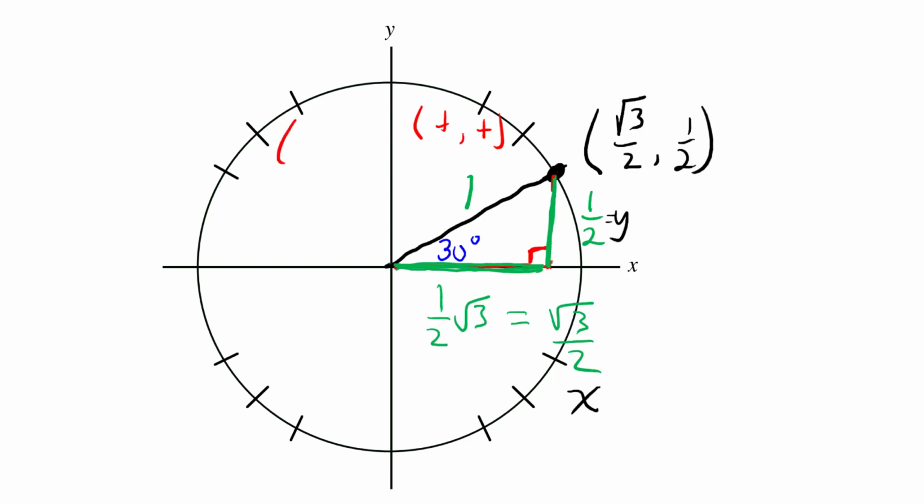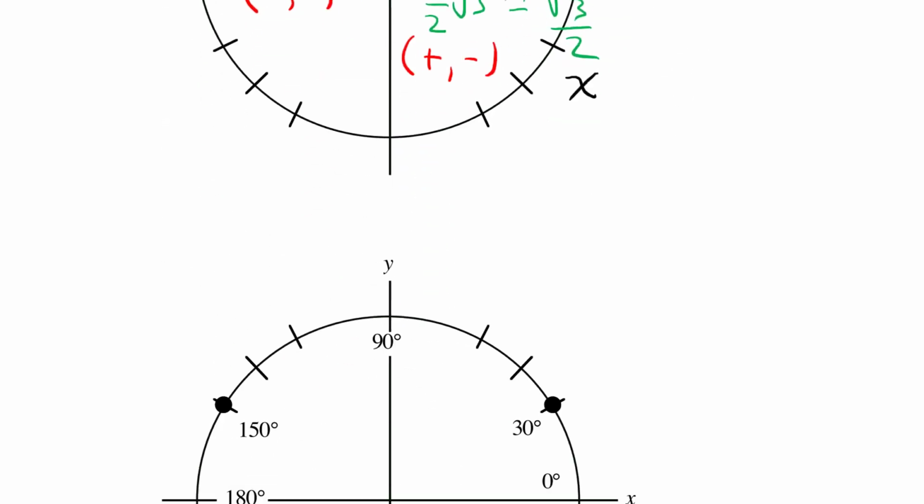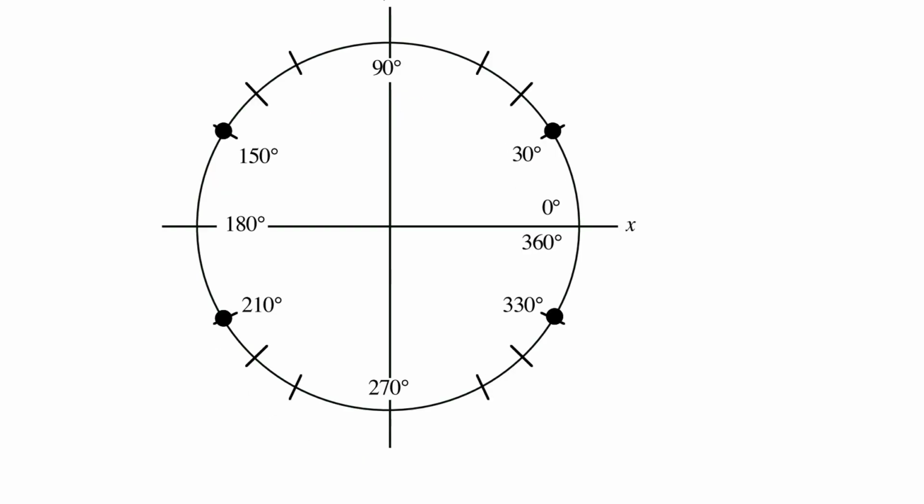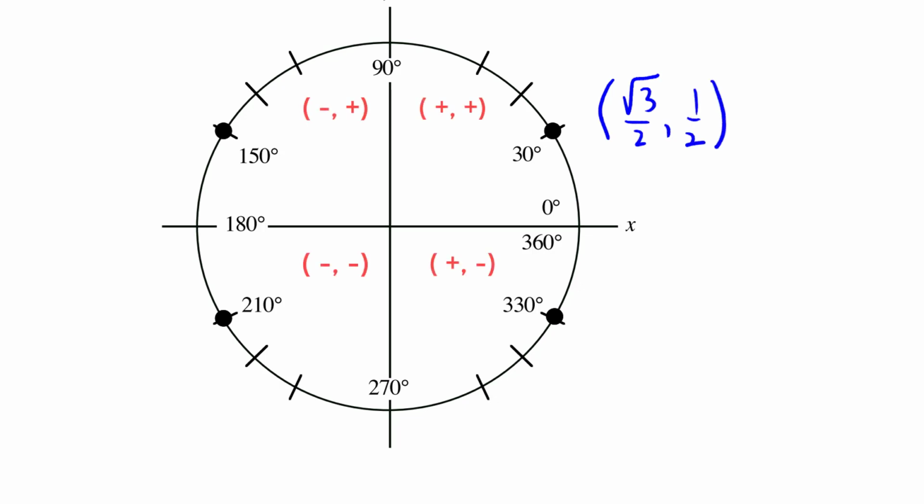We can go around then the circle in different quadrants so that we can use positive and negative values, but we'll end up, as you'll see, using the same square root of 3 over 2 for x and 1/2 for y. So they're both positive in quadrant 1. But when we go to quadrant 2, now the x is negative. So same numbers, but it's a negative square root of 3 over 2 for x.